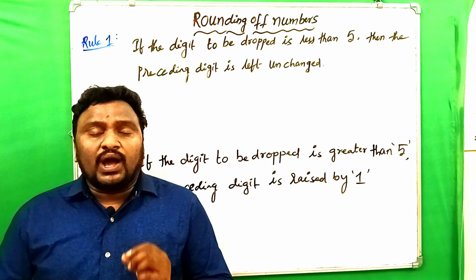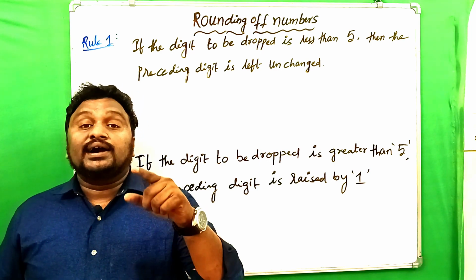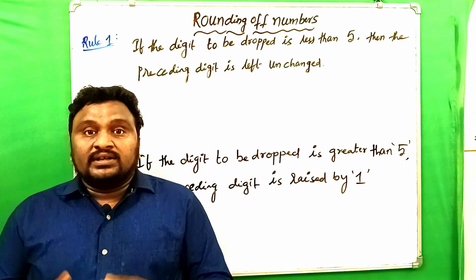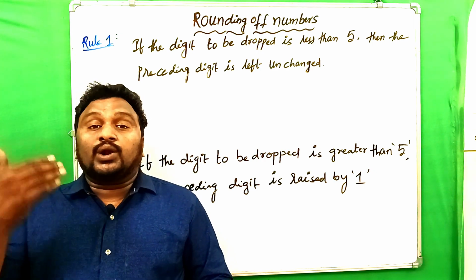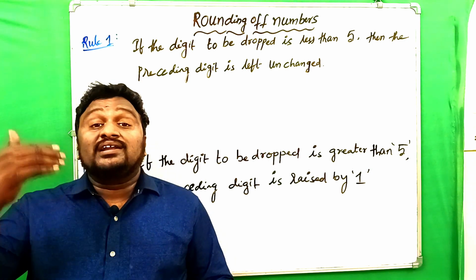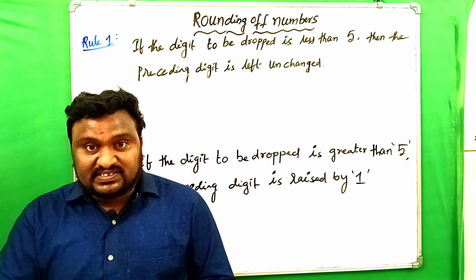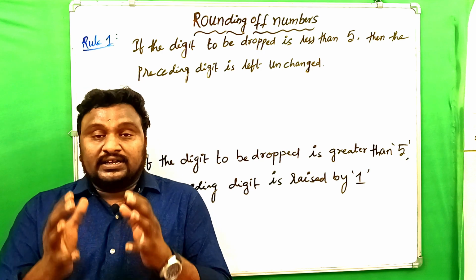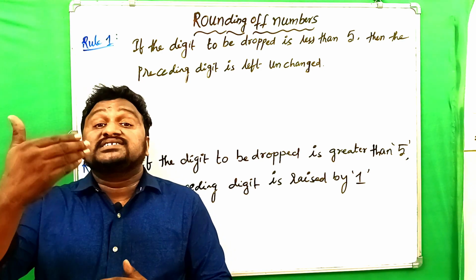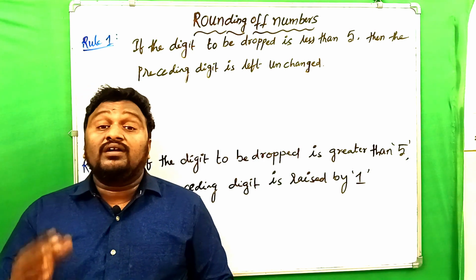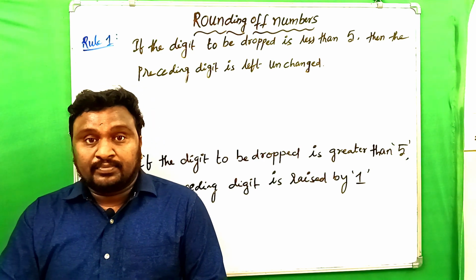The first thing is to know what rounding of a number means. Rounding of a number is nothing but rounding the given number off to the required significant figures. The number is modified up to the required significant figures. That is what we call rounding of numbers.